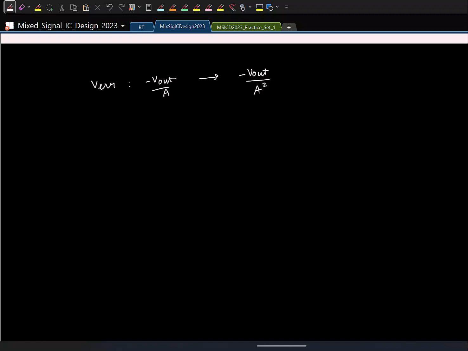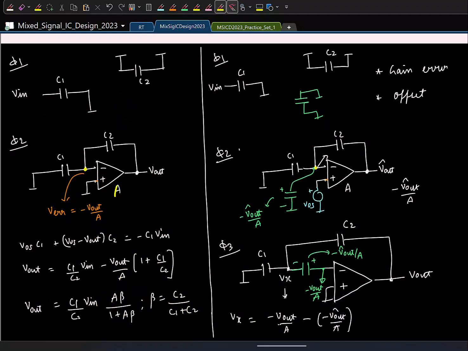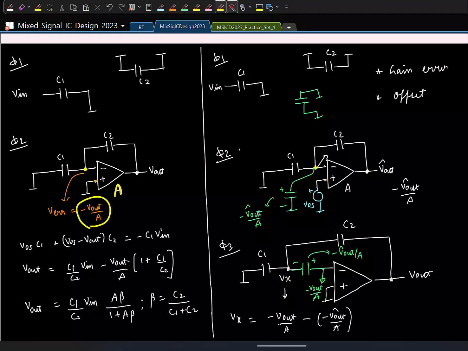So what is the effective DC gain we have achieved? If we had a DC gain of A, when we didn't do anything, this had a DC gain of A, we got minus V out by A. Now, after doing this, I am qualitatively saying that this will become approximately V out by A square.